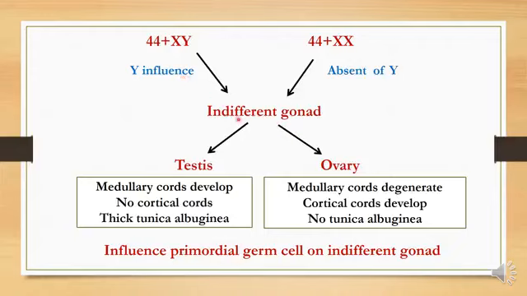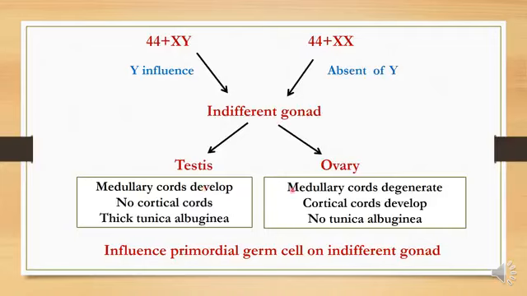The male Y has an influence on the indifferent gonad, forming the testes, while in the female, in the absence of the Y, the indifferent gonad forms the ovary. The testes form the medullary cords developing from the primitive cords.